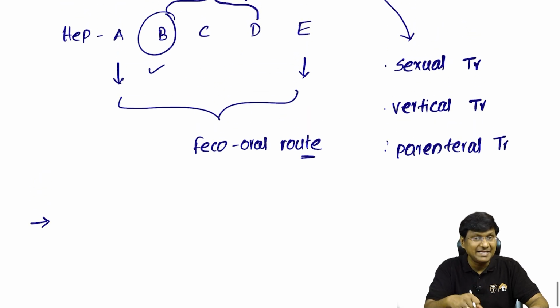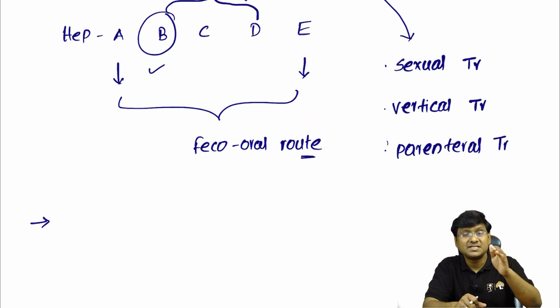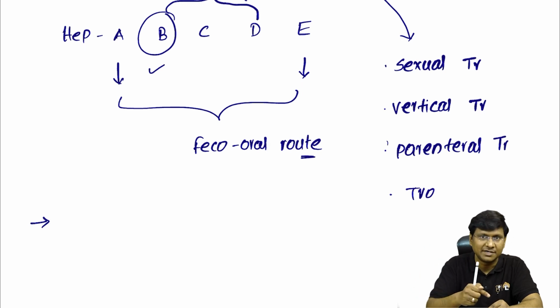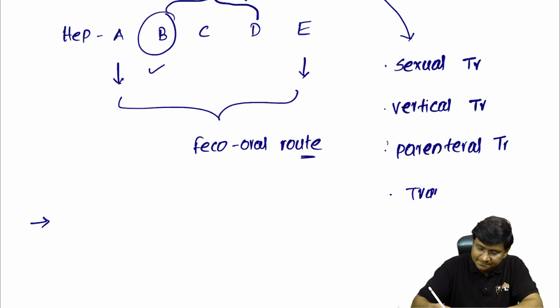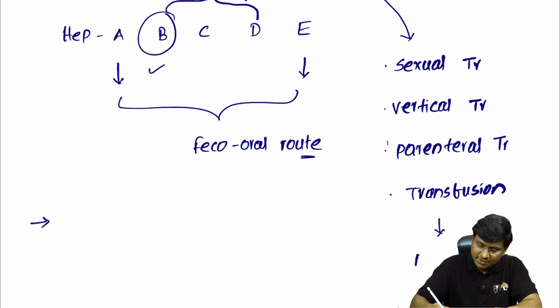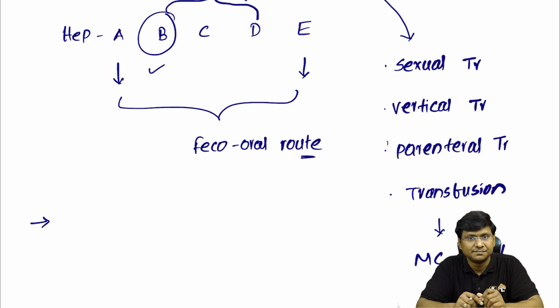Among these B, C, D, which is the most common virus associated with transfusion? Parenteral transmission is by needle prick or by blood transfusion. The most common virus associated with transfusion-associated hepatitis is hepatitis B virus.